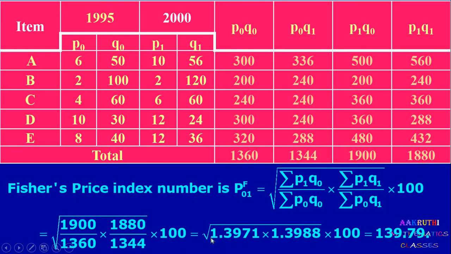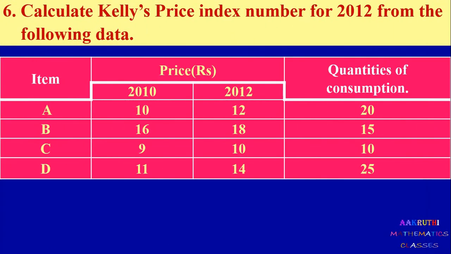So the answer is square root of 1.3971 into 1.3988, into 100. So when we simplify this, we get 139.79. So therefore, Fisher's price index number is 139.79.